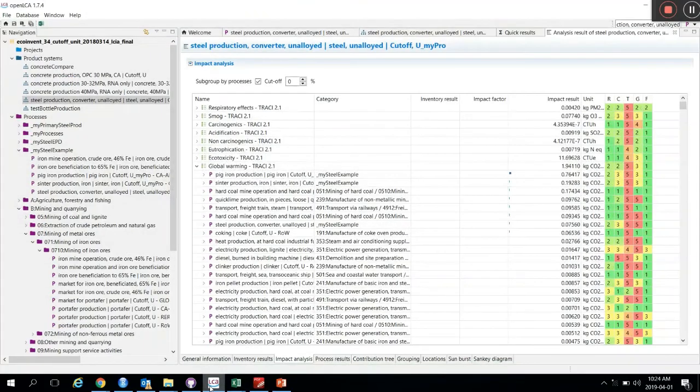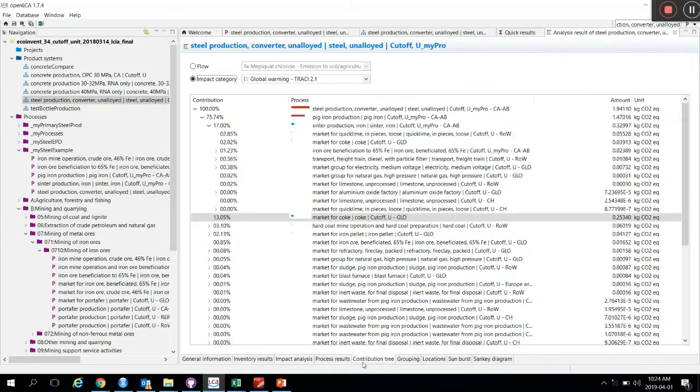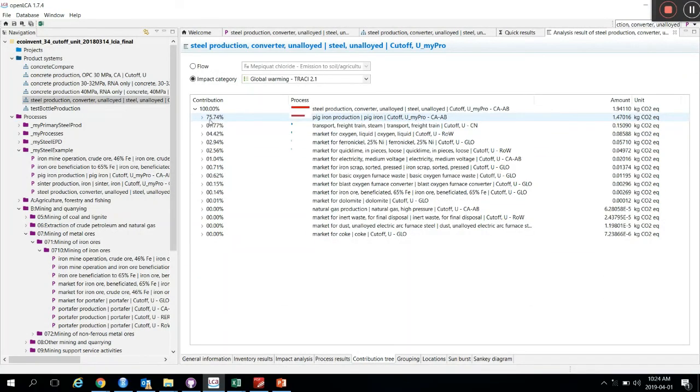That number is going to be a little bit different due to the different impact methodologies, because I used ReCiPe and this is TRACI, but that number should be generally in agreement with this 75.74% of the impact, because this is telling you direct plus everything upstream of this particular activity.